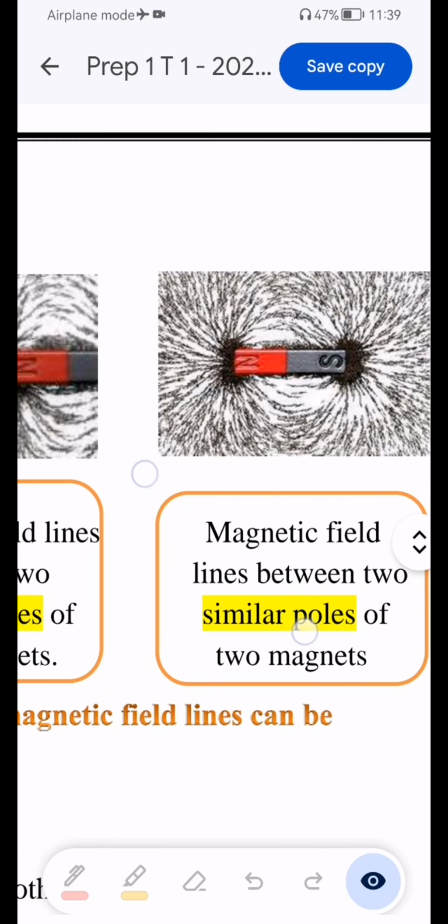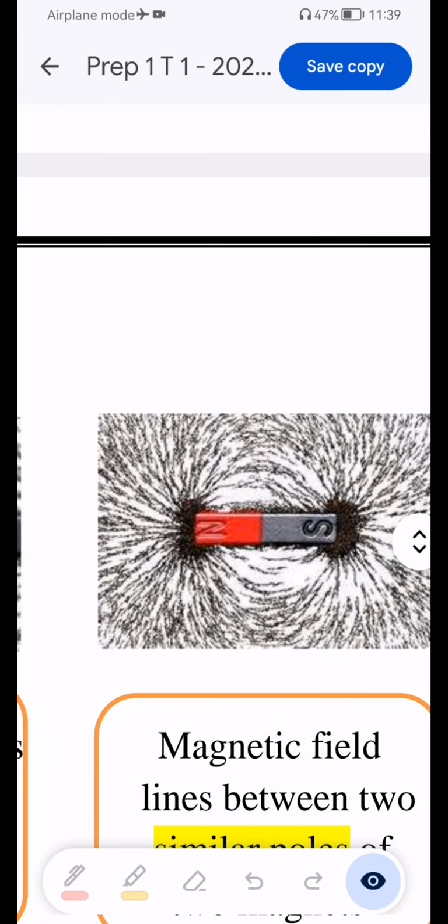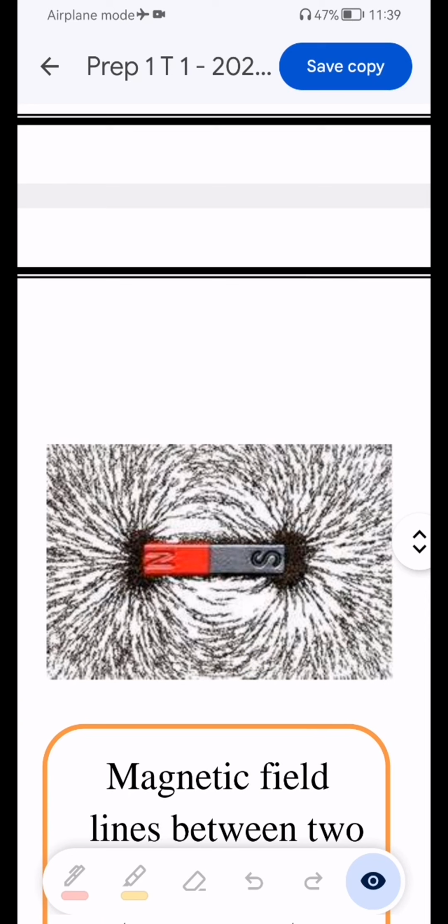And look at this. If we have one magnet only, what can you observe? The magnetic field is denser at what? At the poles. Look at this. The magnetic field lines increase at the poles, but are separated at the middle, when we move away from the poles, okay?